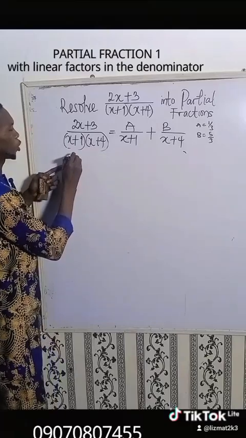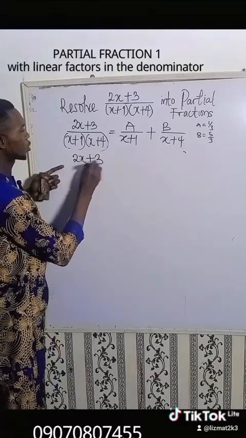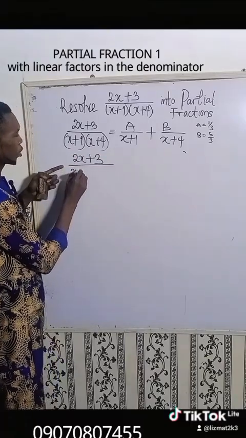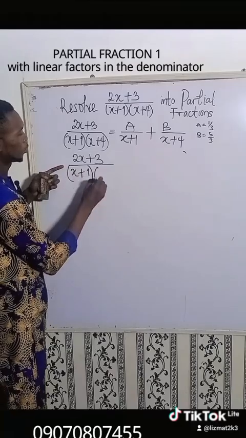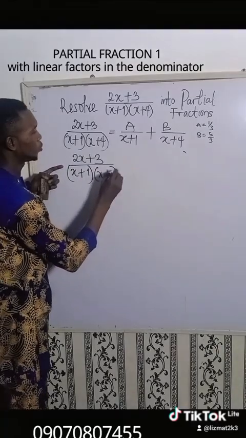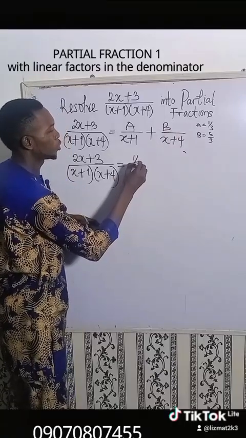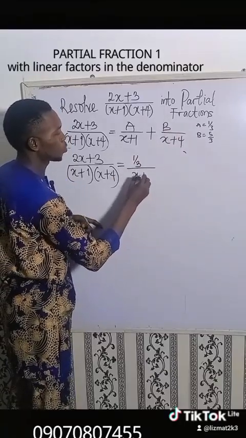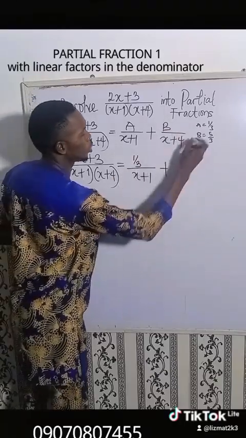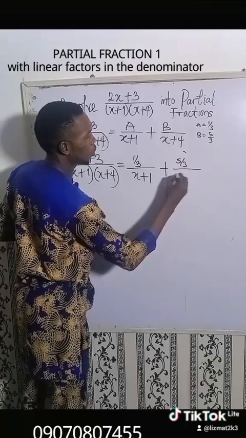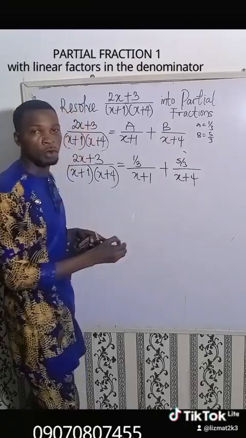So the partial fraction becomes (2x + 3) divided by (x + 1)(x + 4) is equal to, instead of writing A, I'll change it to (1/3) over (x + 1) plus B, which is (5/3), over (x + 4).